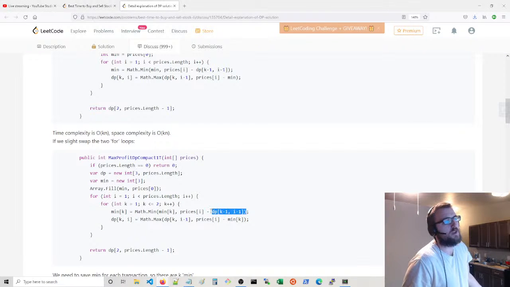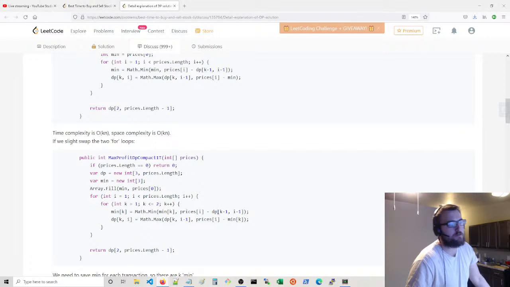The problem you run into if you do it this way is you could have a situation where, if you're doing 3 variables instead of just 2, I don't think it's possible if you're just 2, but if you're 3 variables instead of 2, you modify dp of k minus 1. Let's say if you did 1, 2, and 3.